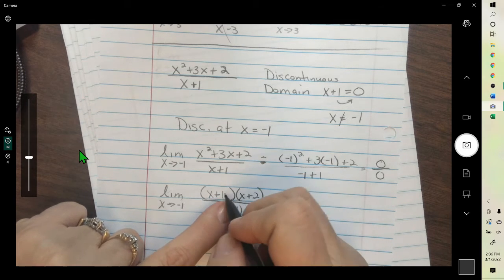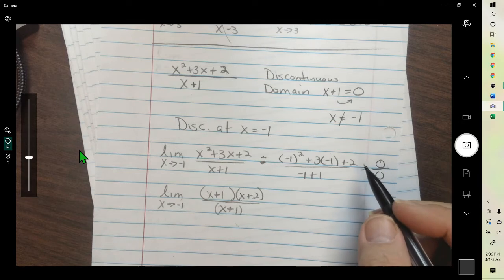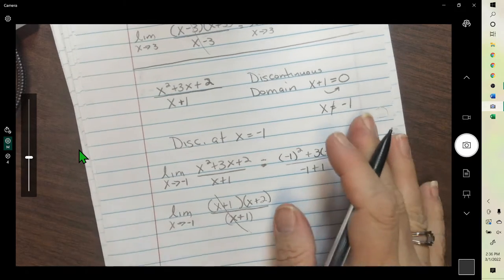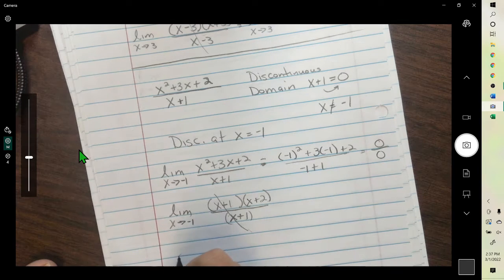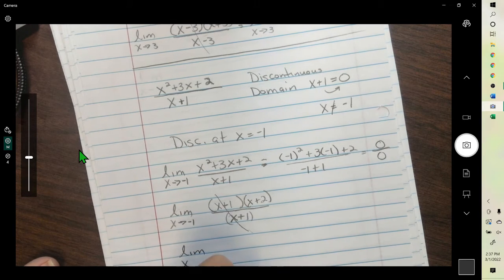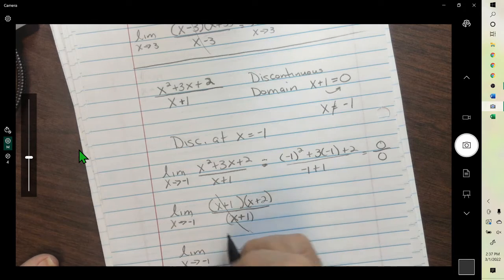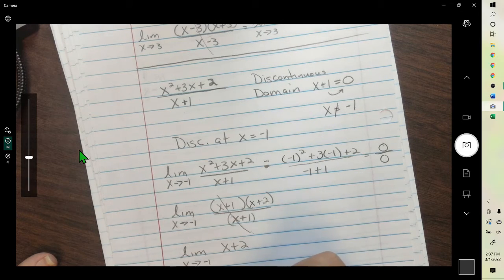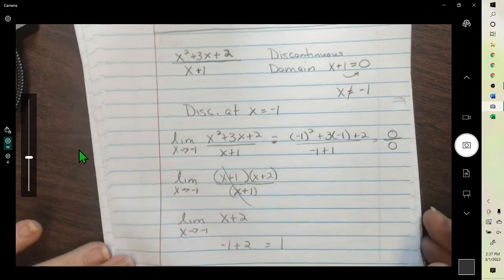When we add these together, we get the 3. The x plus 1's cancel. So we're left with x plus 2. Now we plug in our number again. We get 1.